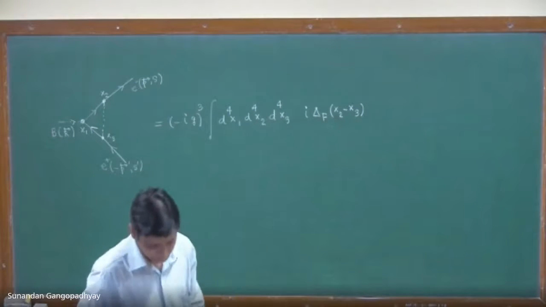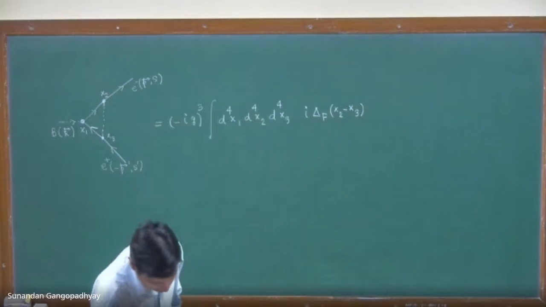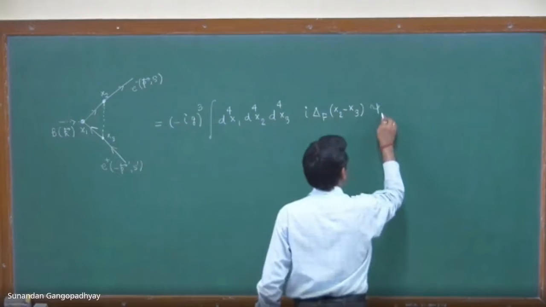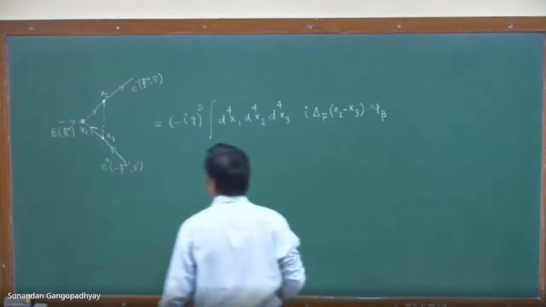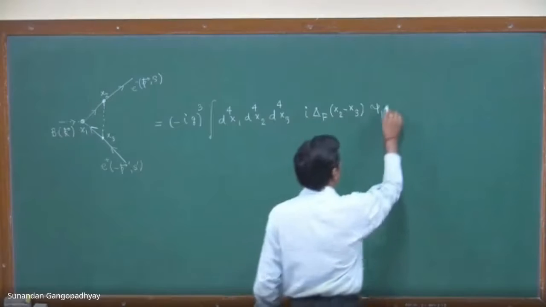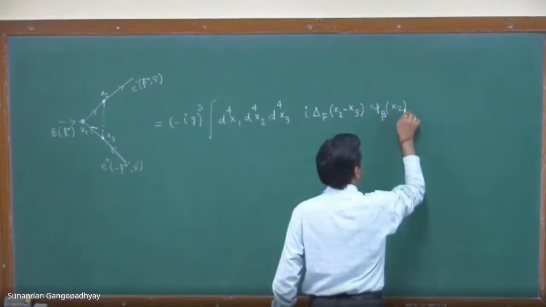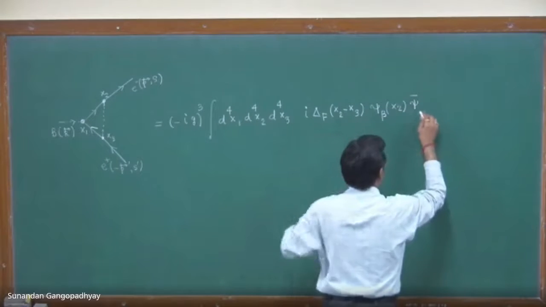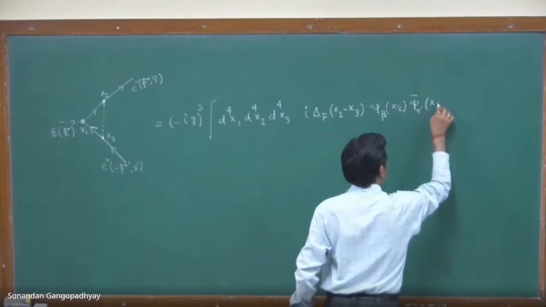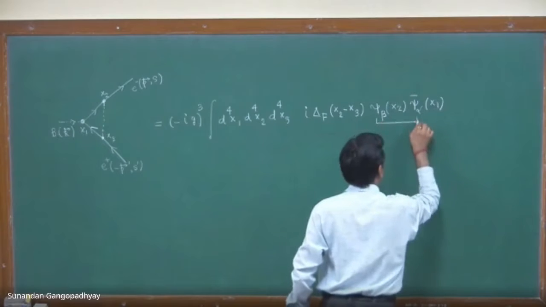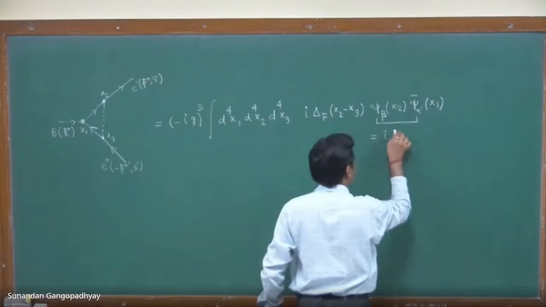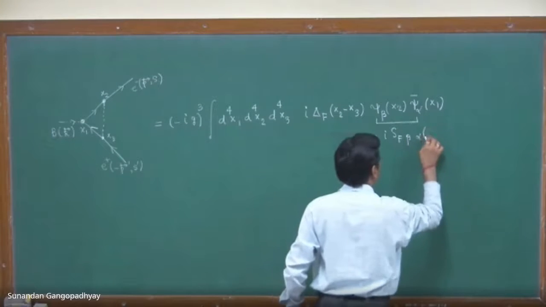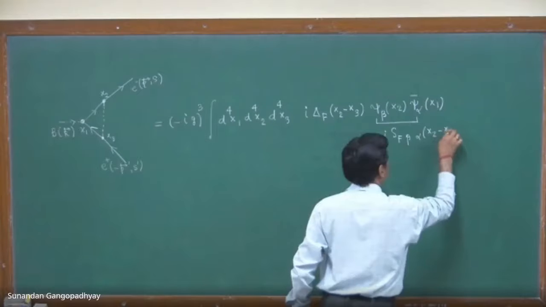So you can write this down as psi beta, remember that this was the expression that we got. Psi bar alpha x1. There was a contraction, and this is nothing but i S_F, the fermionic propagator, beta alpha (x2 - x1).